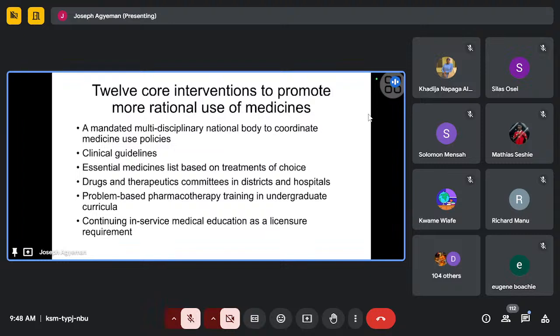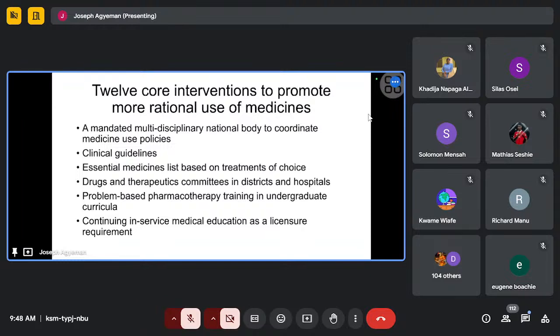Science is always dynamic. Health is science. And therefore, if you don't update yourself, you become archaic. Gone are the days when we're using ampicillin for gonorrhea. Nowadays, if you dare prescribe ampicillin for gonorrhea, then you are in trouble. And therefore, CPDs as a real essential requirement by the regulators, especially Pharmacy Council in our case, is also very important, because if the person becomes archaic, he's going to prescribe useless medicines, and that will not be in line with the principles of rational use of medicines.